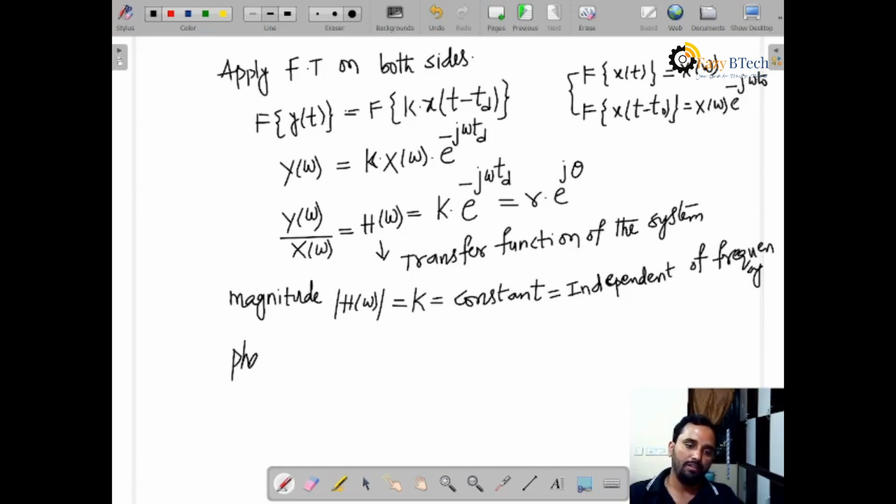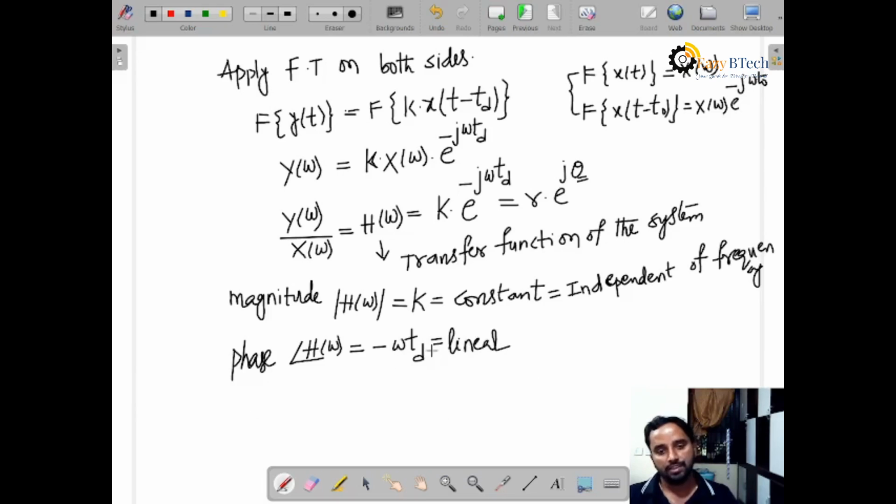And the phase, meaning the angle of h of omega, that is theta. In the place of theta, what do we have? Minus omega TD. So it depends on frequency, and it is a linear relation. The phase is linear with the frequency.